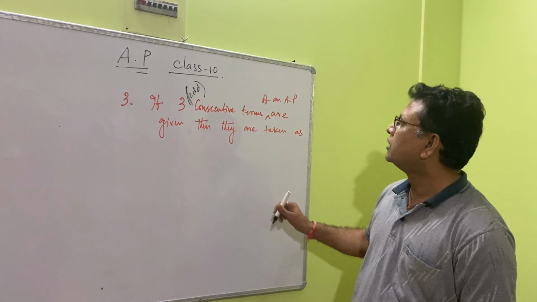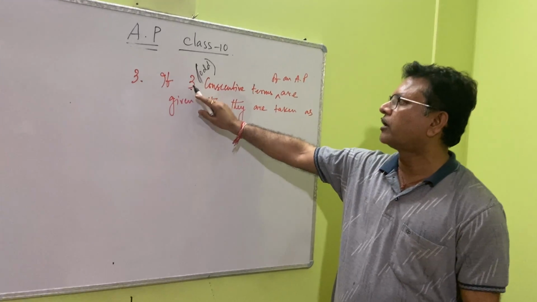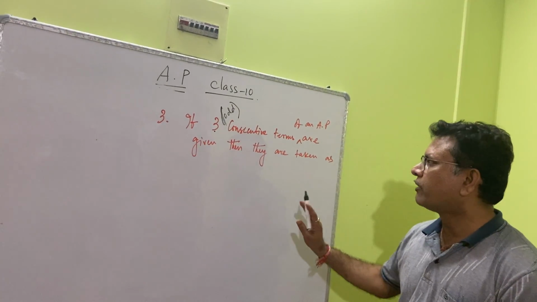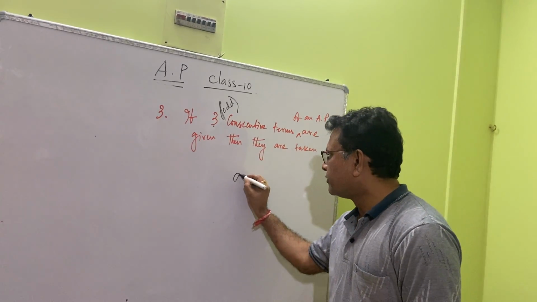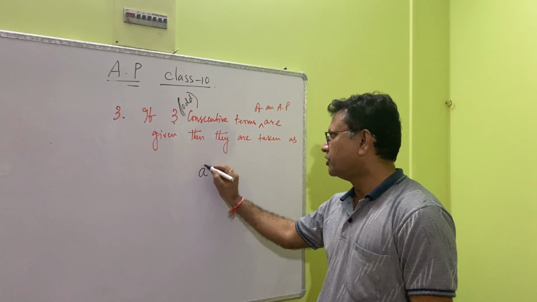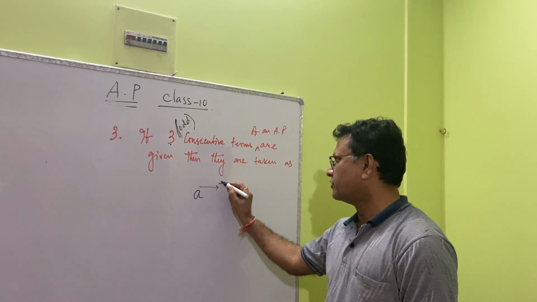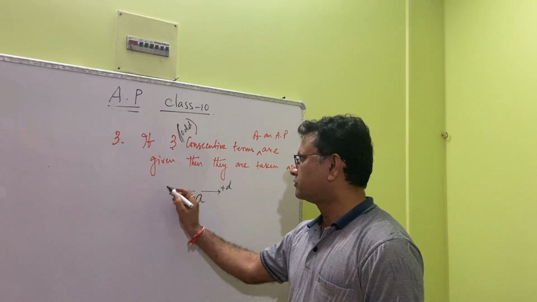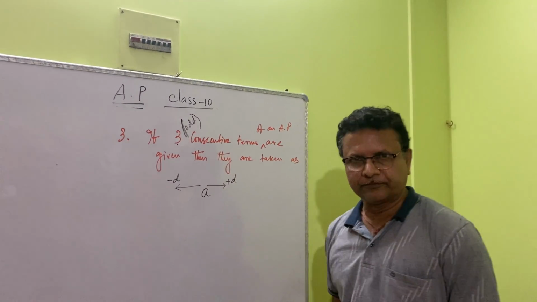Remember that if it is 3 or 5 or 7, whatever it is, you will find it this way. The middle one is A. If you move towards your right, you will write plus D. If you move towards your left, then you will write minus D.